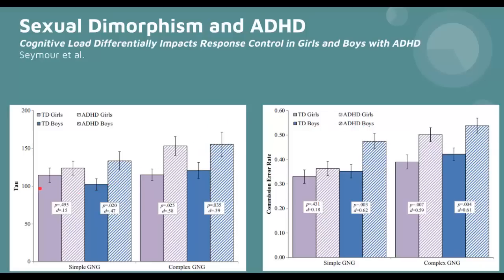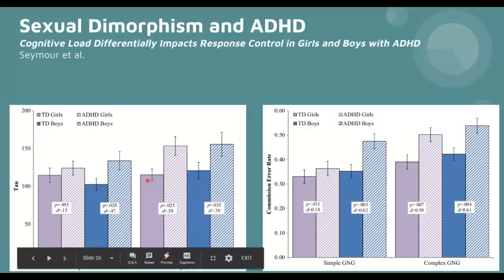And a couple of things of interest here. So you can see that when we're looking at the simple go, no-go task for the girls, there really isn't a significant difference between the two groups here, the control versus the ADHD group, because we can see that those standard error bars have quite a significant overlap.